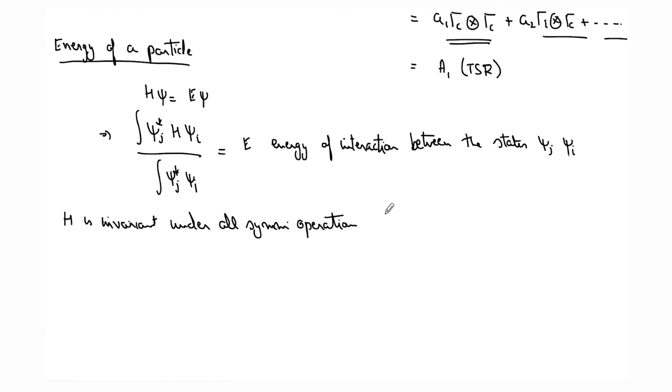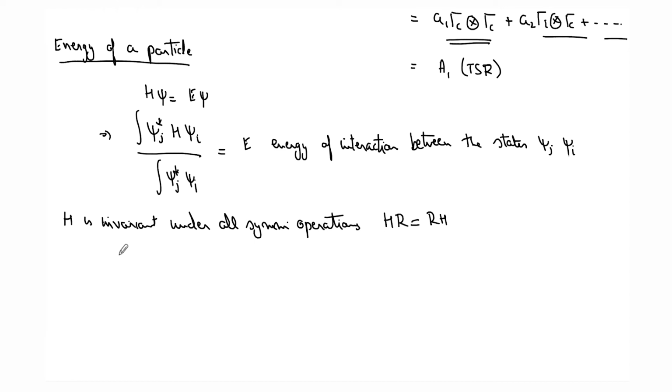We have seen that H and R commute with each other, right? That means it will not matter whether we first operate the symmetry operation or first do the energy estimation. This would mean that H will remain invariant under all the symmetry operations.